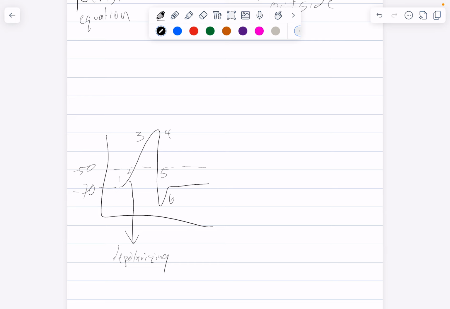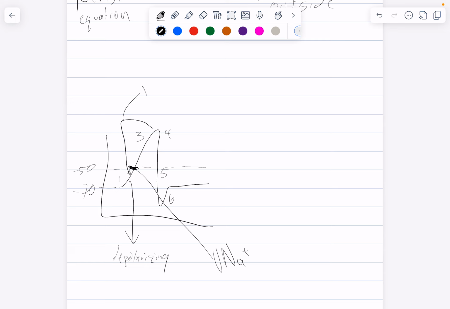But when it reaches right about here, that is when the voltage sodium channel is opened. And then you can have that action potential.